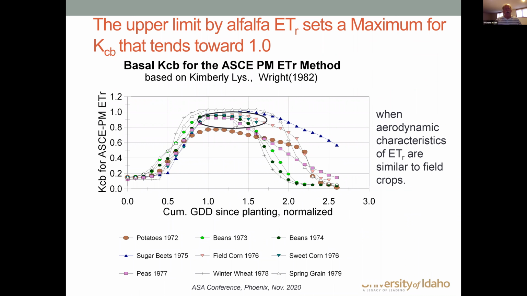One indication that, in this case, the alfalfa reference ET represents a near maximum ET rate is that a number of crop coefficients developed, in this case by Jim Wright at Kimberly, for about 8 different crops common to southern Idaho. The crop coefficient, which is defined as the ratio of actual ET to the reference, reaches a maximum value of about 1 during the mid part of the growing season when that crop is at near full ground cover.